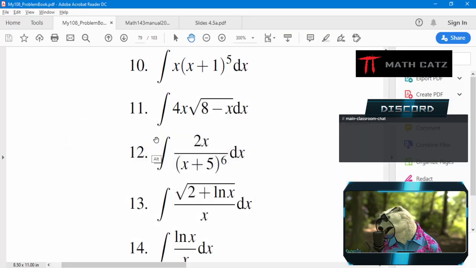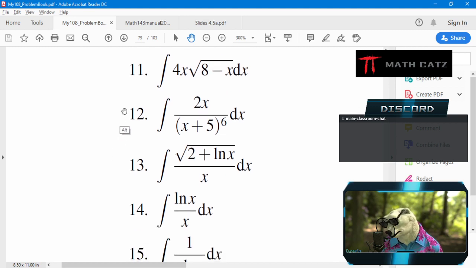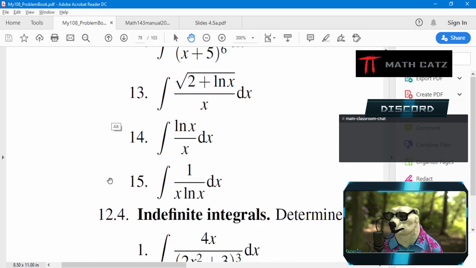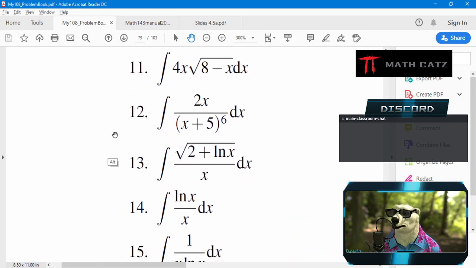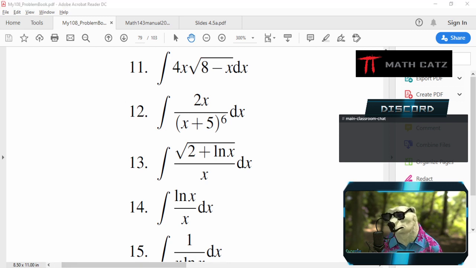All right, let's see what else there is. I wanted to do, just to practice this one more time, I think this is the best option. 11, 4x root 8 minus x.